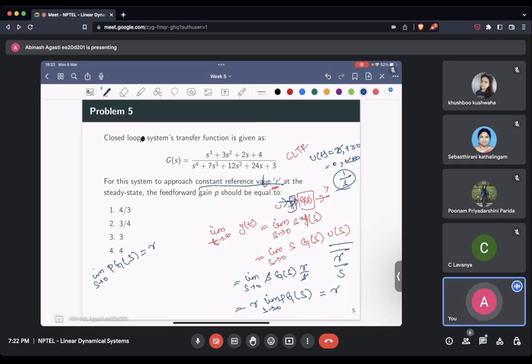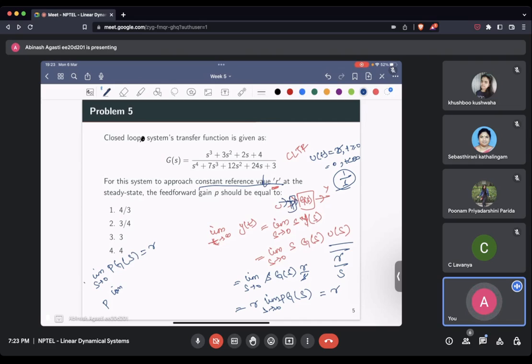Let's quickly calculate it. Say 4 by 3. The value of p should be 4 by 3, is it? Limit, p is the constant, so we can take it out.